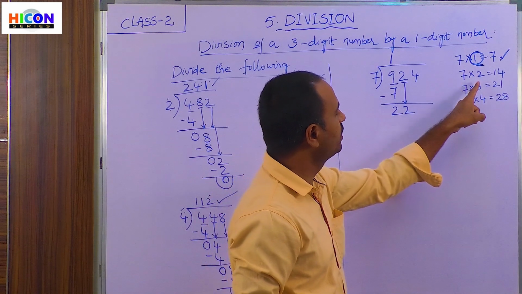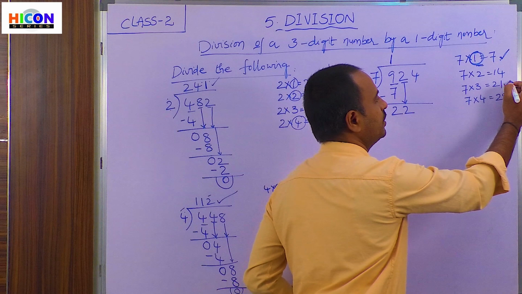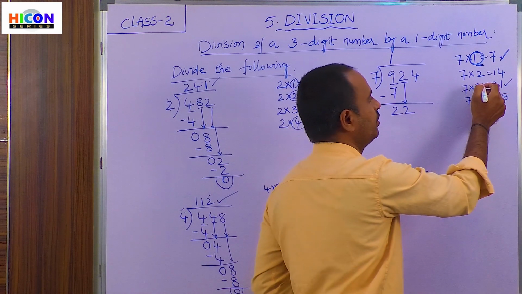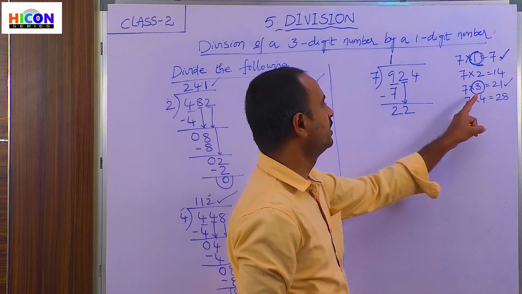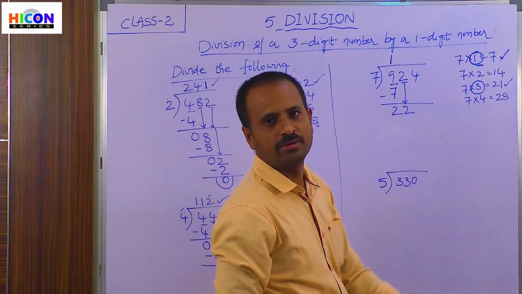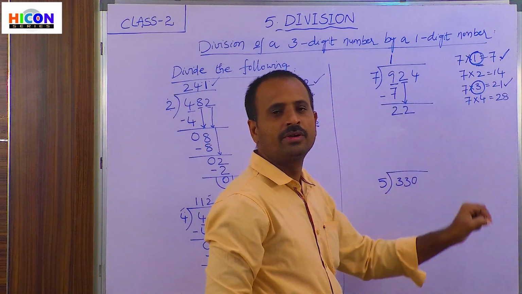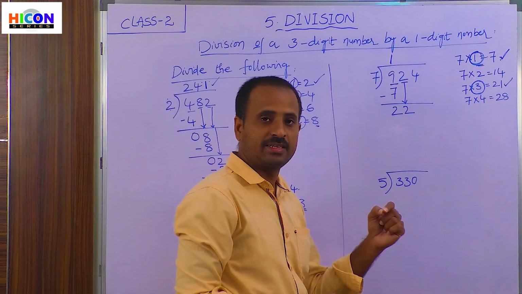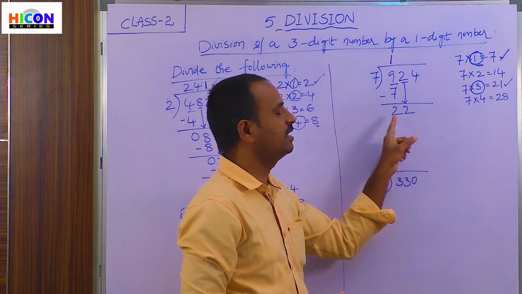So when does the number 21 come in the 7th table? 21 comes in the 7th table if you take 3 times. So if you take 3 times, we get the number 21. If the number did not come in the table, we have to take its lesser number, the number which is just less than that number.